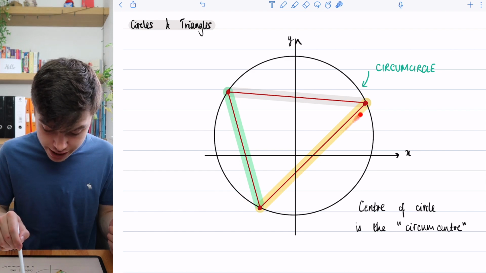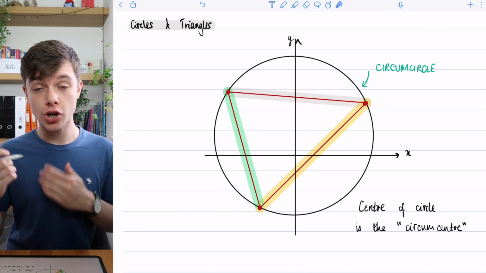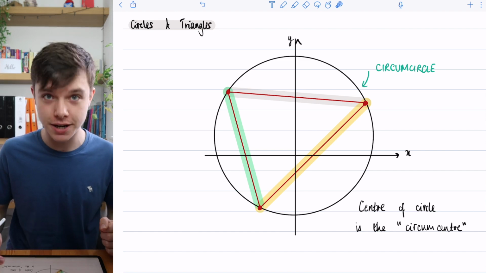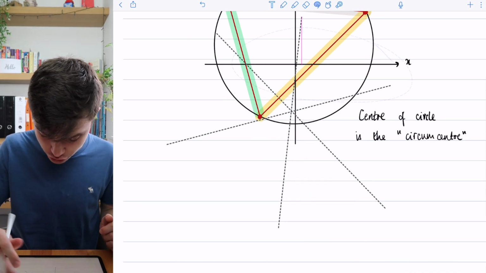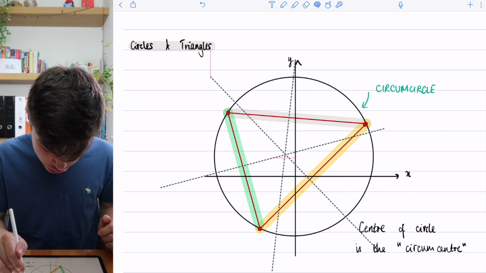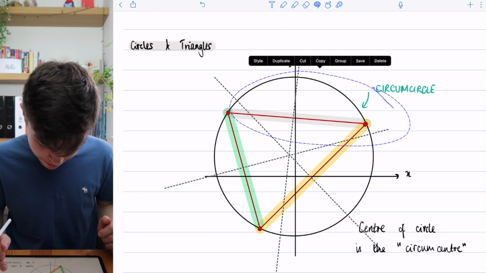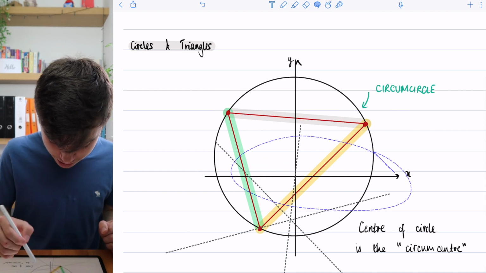So here's 3 chords. What if we took each chord and we drew in its perpendicular bisector? Let's do that. And quite easily, I have done it already here. We'll drag this on. It looks like it should be about, I'm not going to get this perfect, maybe about there. Does that look about right? Maybe not, actually.